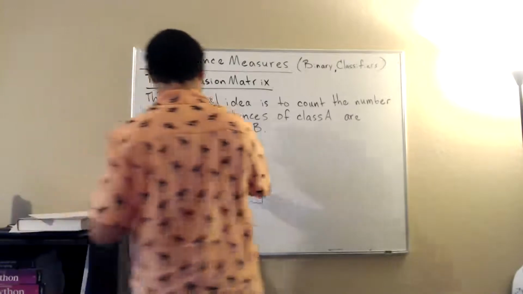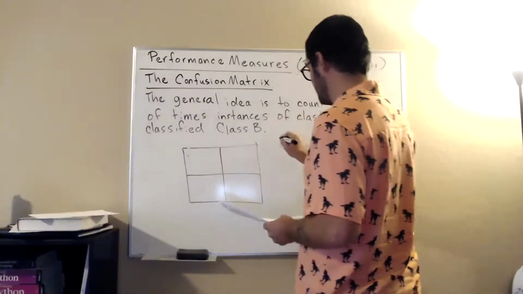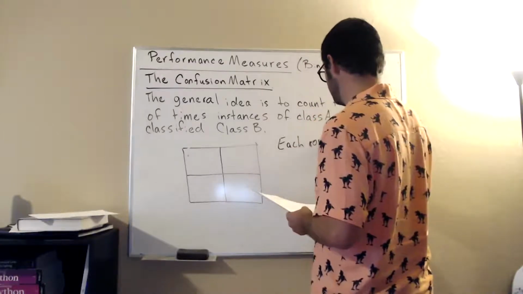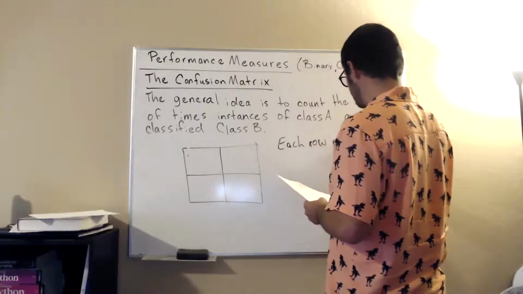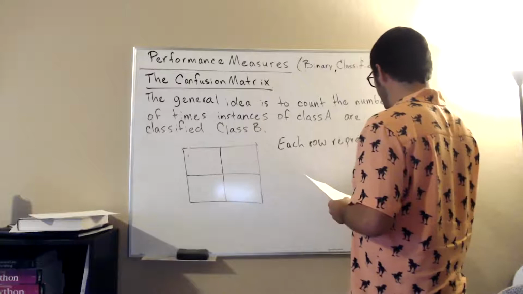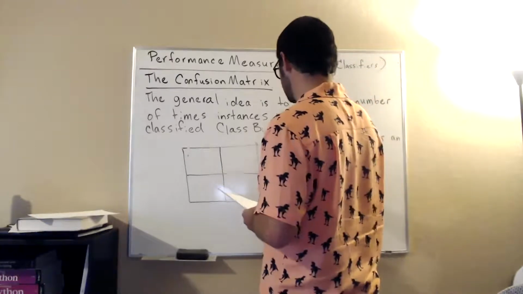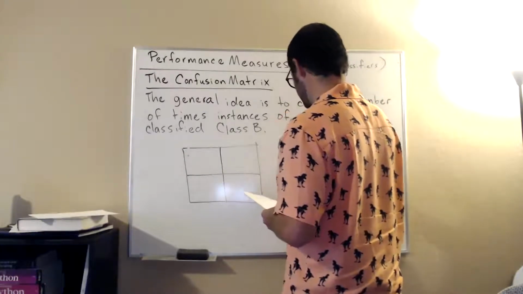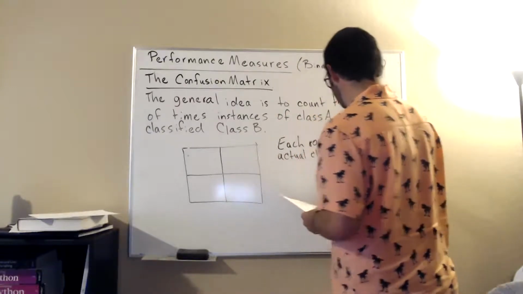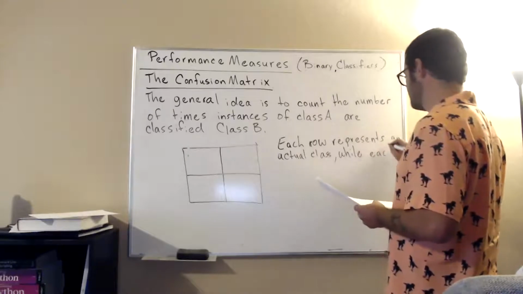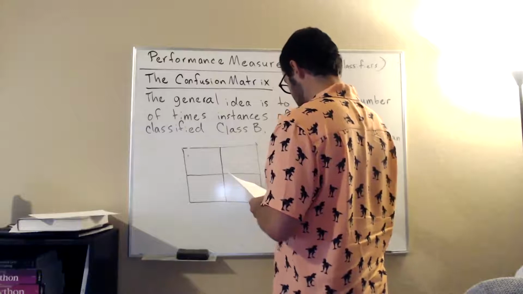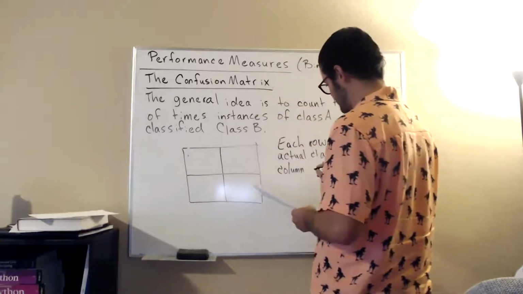So with our example with our 5s and not 5s, I'm going to write this out first. So each row represents an actual class, while each column represents a predicted class.